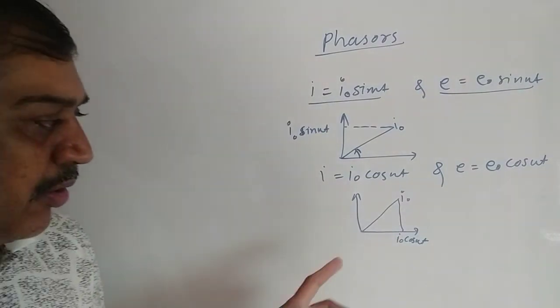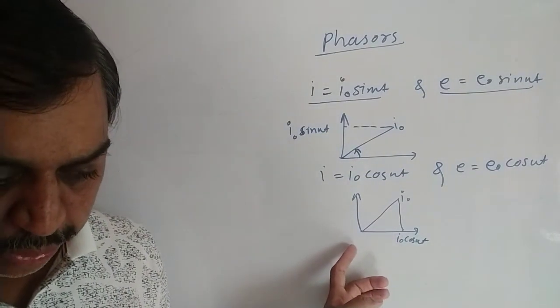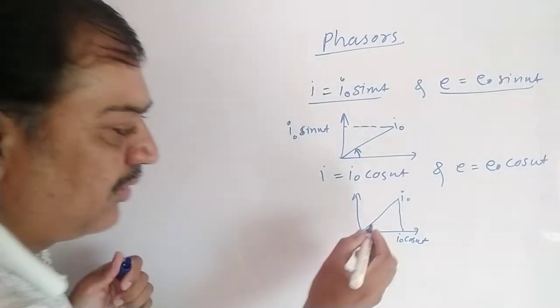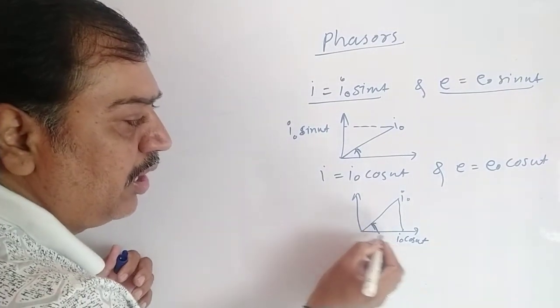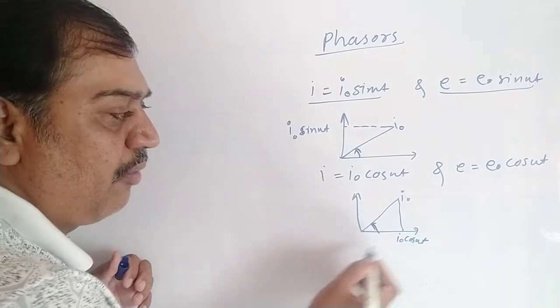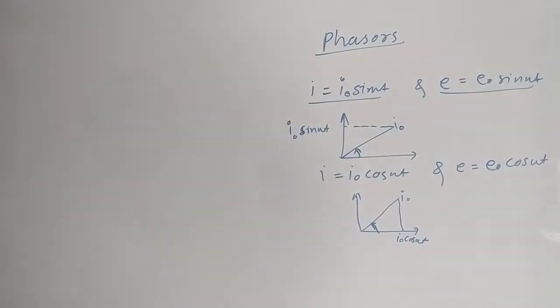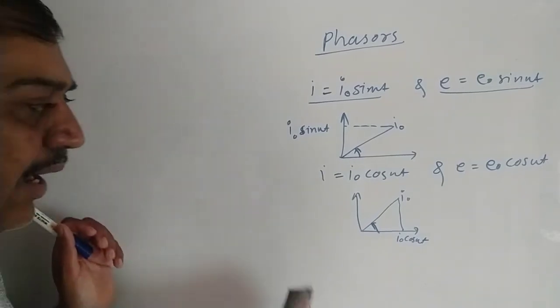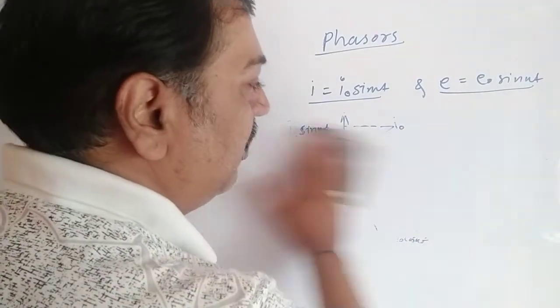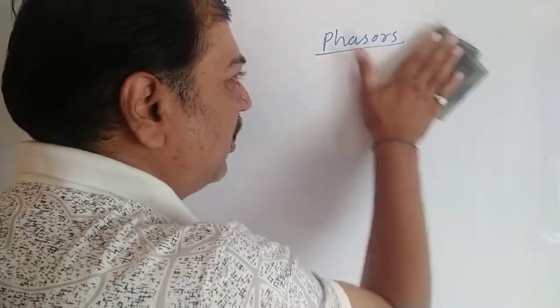This diagram gives the relation between the vectors we have drawn, and such diagrams are said to be phasor diagrams.